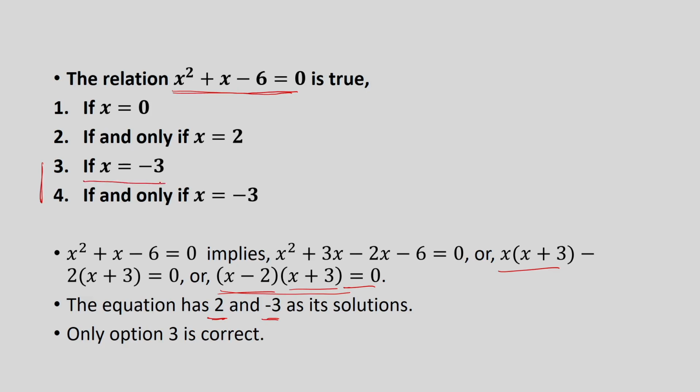The third option is correct. If x is equal to minus 3, then obviously we know minus 3 is a root of the quadratic equation. So, therefore, this is correct. And the problem with the fourth option is that yes, for x is equal to minus 3 the relation is correct, but it is wrong to say that it is correct only for x is equal to minus 3, right. So, therefore, only the third option is the correct option.